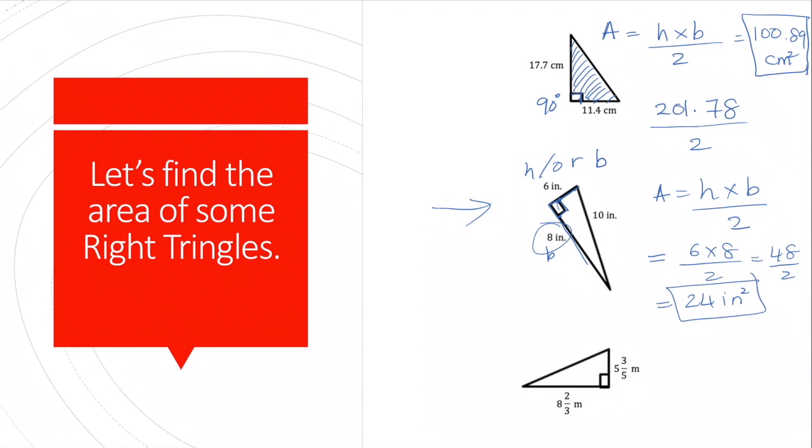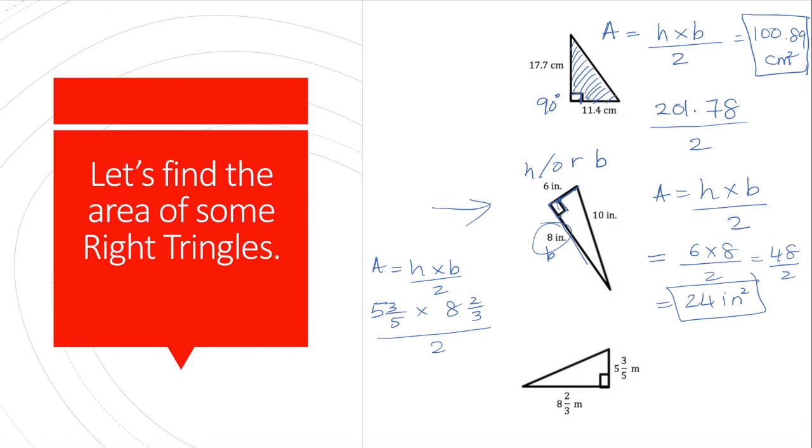Alright, so we have a right triangle with two fractional lengths, height and base. But we know how to multiply fractions, so it won't be a problem. Let's see. We have area is equal to height times base divided by 2. So my height here is 5 3/5 multiplied by the base, 8 2/3.